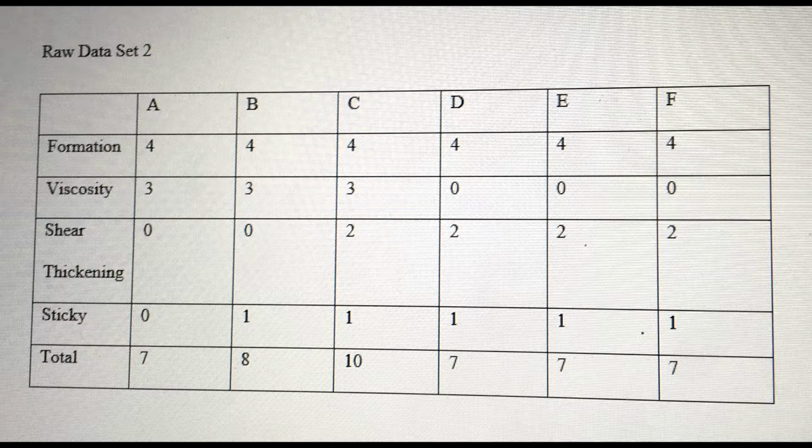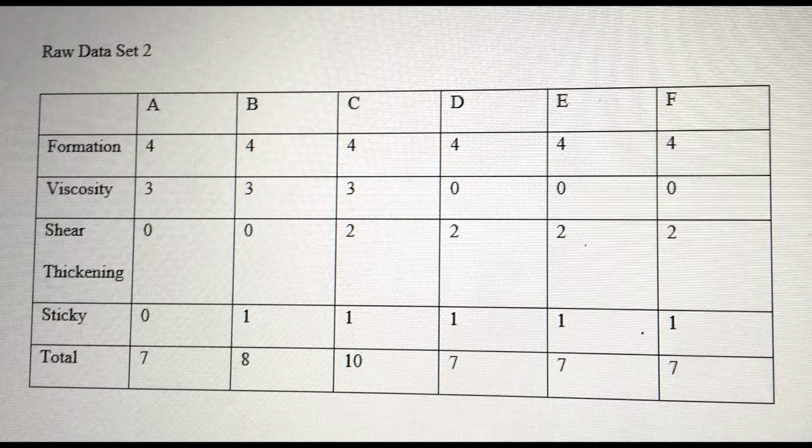For solution C, which contained 3/4 of a teaspoon of borax in 1 cup of water, it was awarded 4 points for formation, 3 points for viscosity, 2 points for shear thickening, and 1 point for stickiness. It received 10 points, which was, again, the most that it could receive.